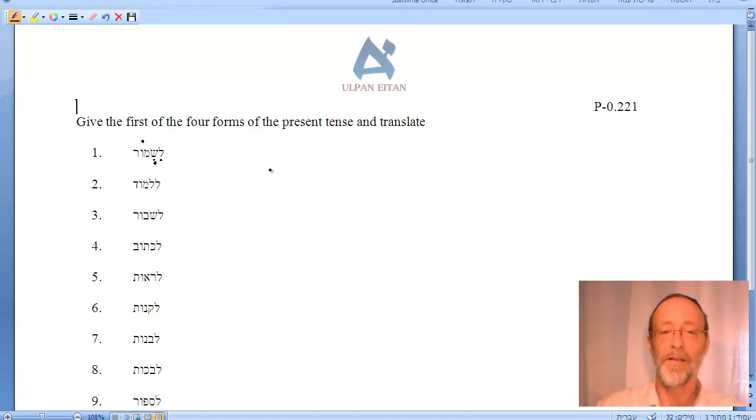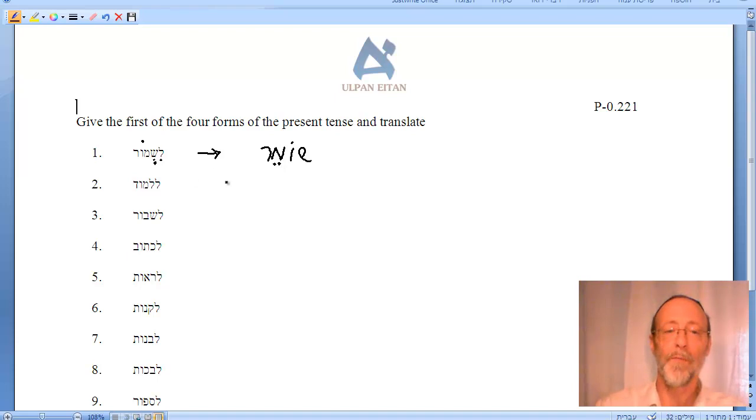To guard, that's the granddaddy verb. And I want to go to the present tense. So what do I do? I drop the lamed, copy over my first root letter, shin, and then I invert those two internal letters, the vav and then the mem, and then I tack on that final letter, resh: shomer.